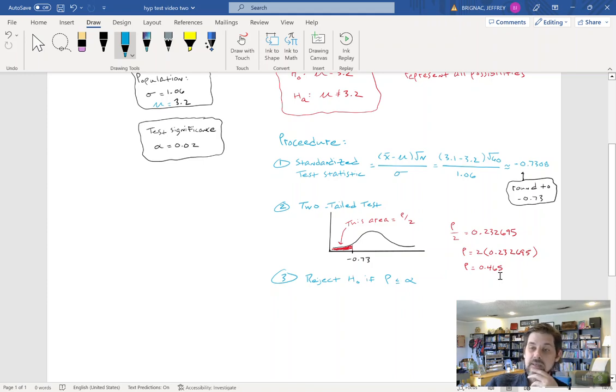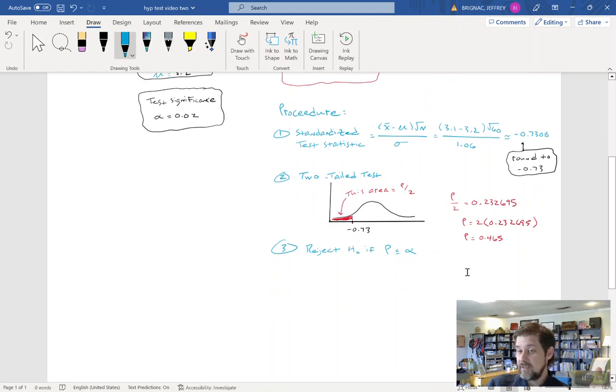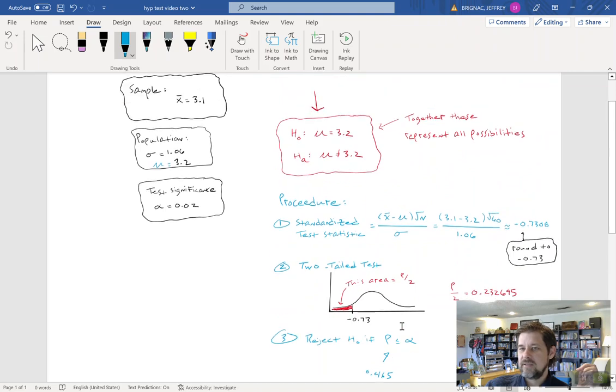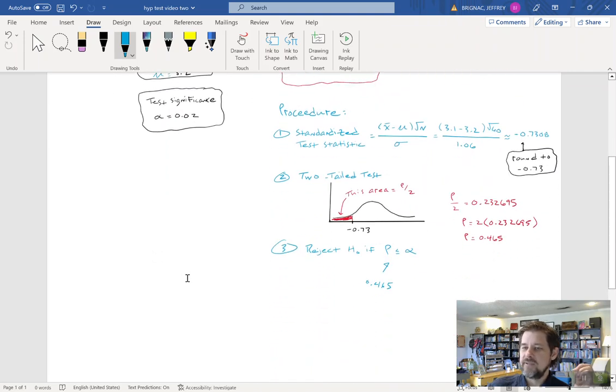Now I've got that number P, the p-value, which is the deciding factor in hypothesis testing. We would reject the null hypothesis if P, which turns out to be 0.465, is less than or equal to alpha, which is 0.02. And not even close.